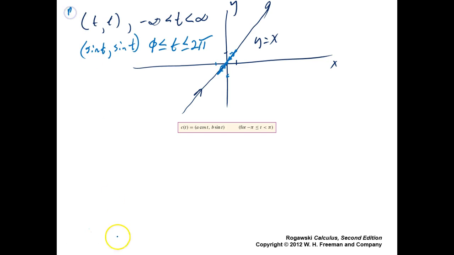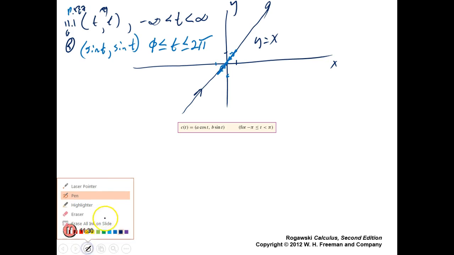This is 11.1 exercise, number 5. Okay, we had done the A part up here, and then we were just doing the B part down here.